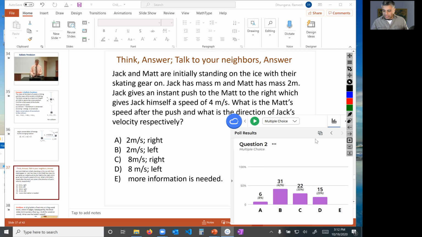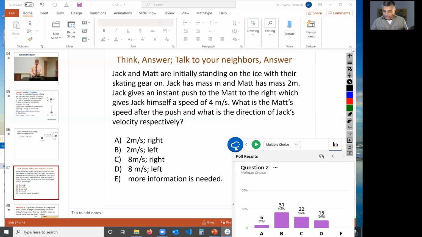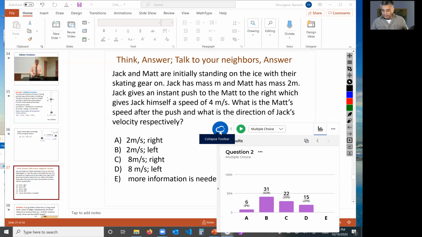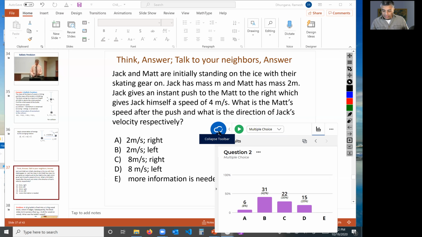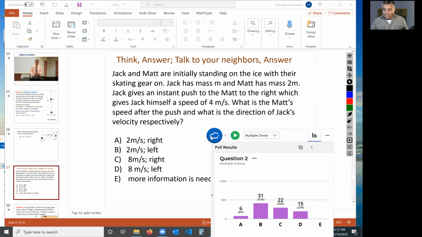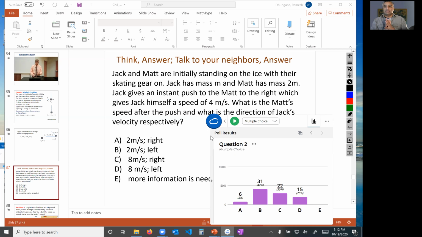Let's see what we got here. Oh, nice. Bright is here. I like this kind of question. One has double the mass of the other, and the motion starts by pushing each other. Initially, both of them are standing, which means the total initial momentum is 0.